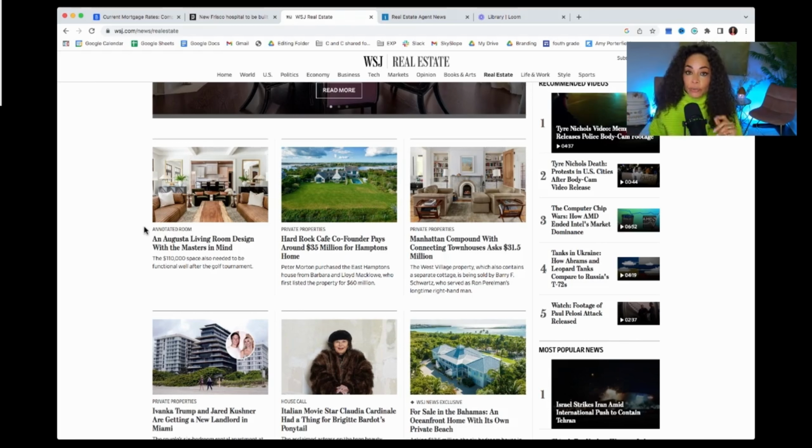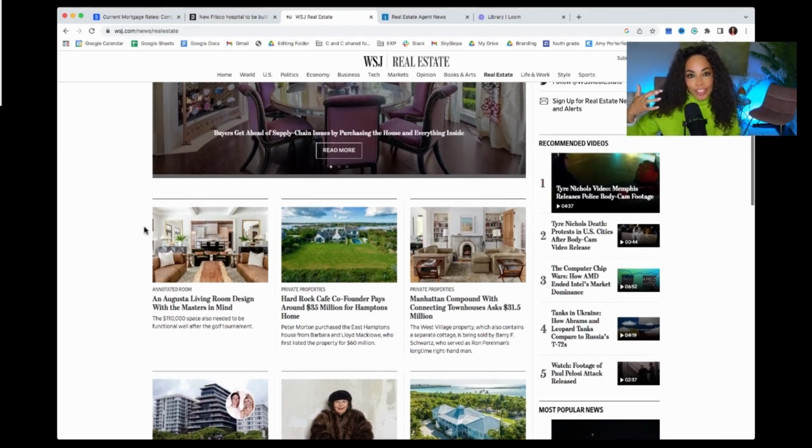But number two, as we know, staging and the way that homes are placed on the market is so important. So this helps me educate my clients as to what other people and other listings are doing, so that they can keep in mind and create a plan as to how they're going to want to do that if they are planning on listing their property.